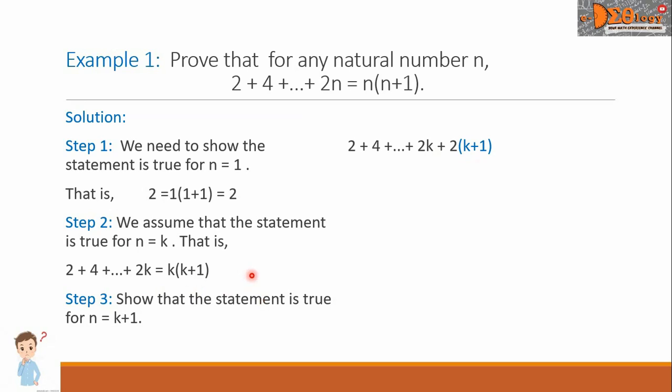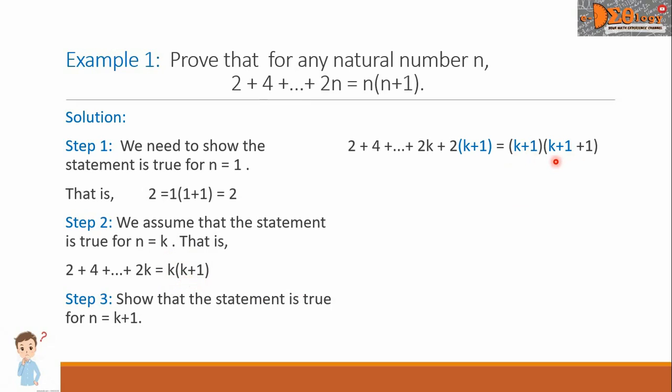Now for the right side, this k times k plus 1, we're going to change the k by k plus 1 respectively. Now look at this k. We're going to write it here to be k plus 1. Look at this k inside the grouping symbol.